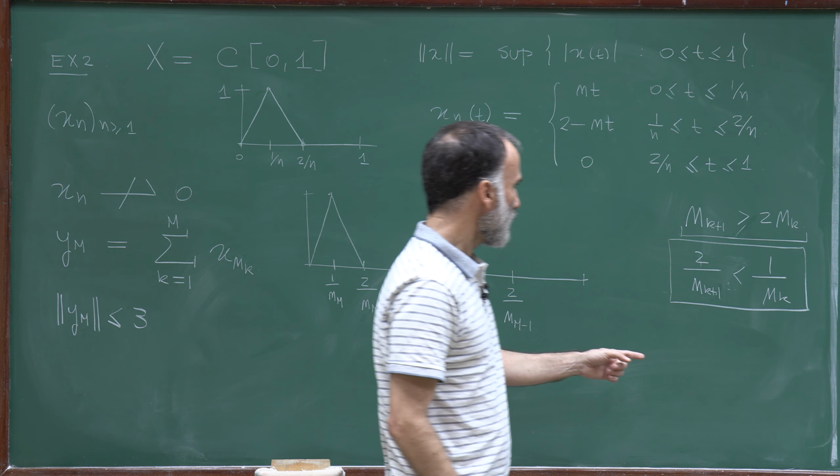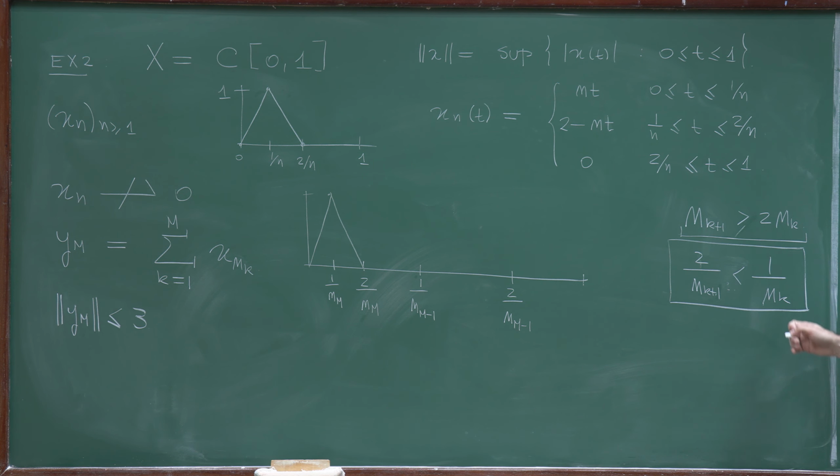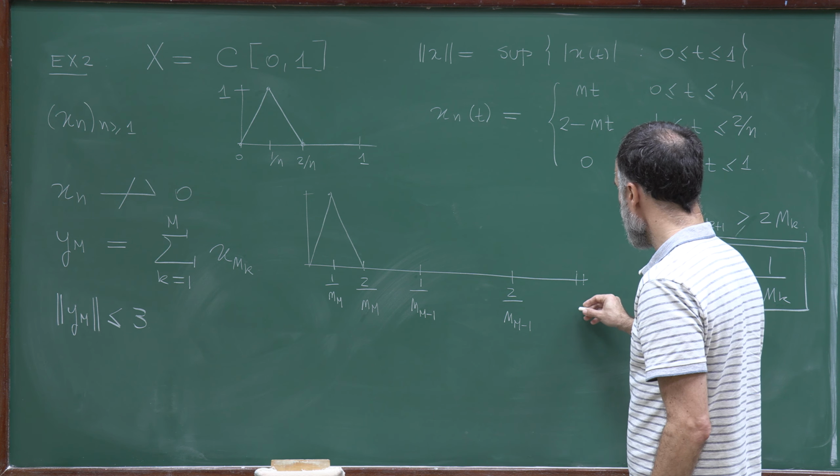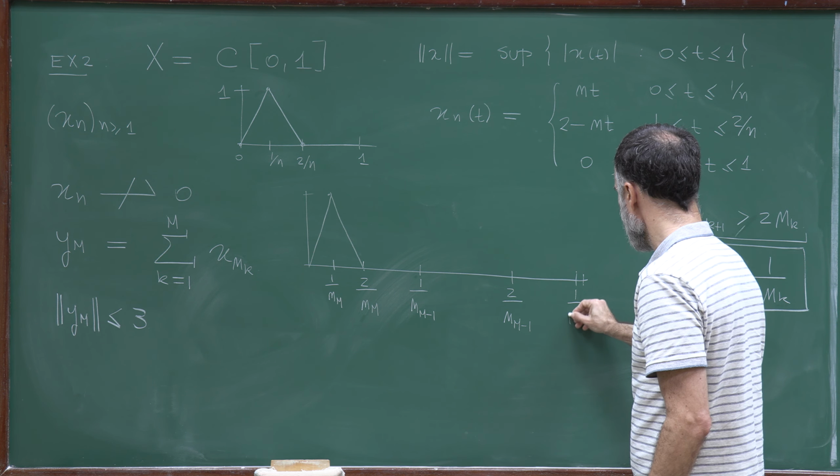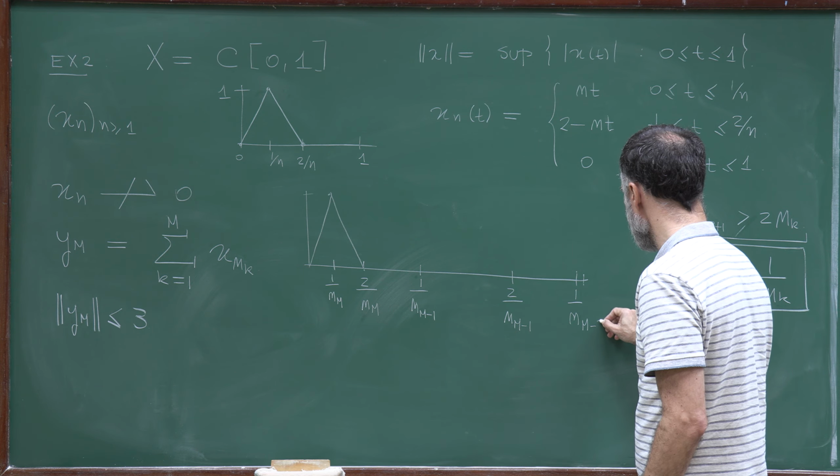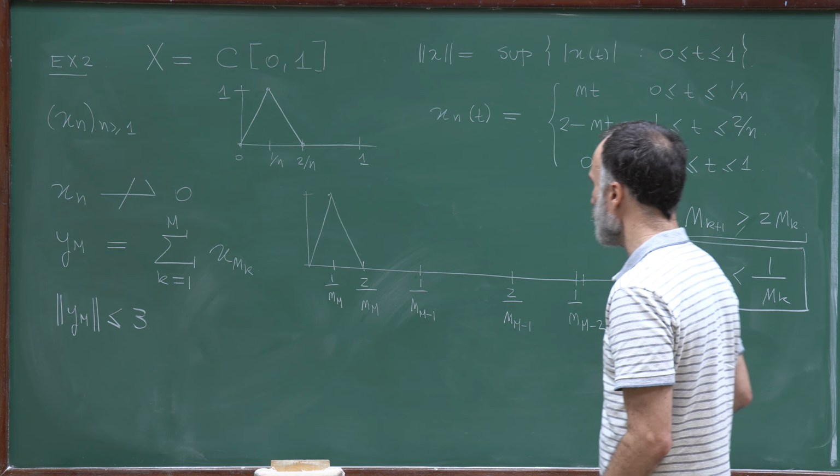Now if I apply this inequality for k plus 1 equal to m minus 1, what I get is that 1 divided by n m minus 2 is larger than 2 times n m minus 1. So n m minus 2 is somewhere here, and so on.